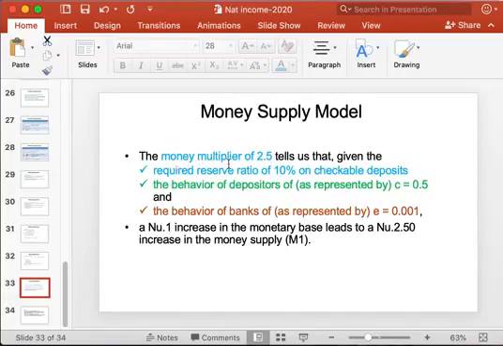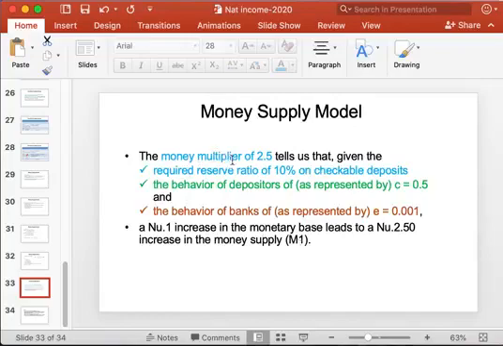What this money multiplier of 2.5 tells us is that, given the required reserve ratio of 10% on checkable deposit, and the behavior of depositors, which is represented by C here, which is equal to 0.5, and the behavior of banks, which is represented by E here, an increase of 1 unit in the monetary base leads to a 2.5 unit increase in the supply of money, which is M1.